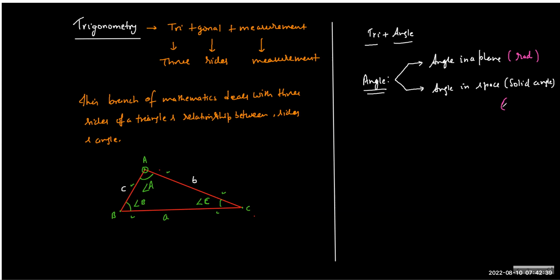No. So in the international system of units, or SI system, what do we study? There are two types of supplementary units: angle in a plane and angle in space, and it is called steradian, which we represent by sr. Okay.